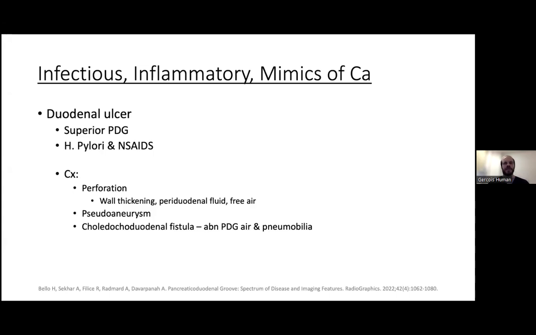In peptic ulcer disease, perforation is the most common cause of gas you will see in the pancreaticoduodenal groove. These duodenal ulcers can erode into the pancreaticoduodenal artery, causing a pseudoaneurysm. As mentioned here, they can also cause choledochoduodenal fistulas, and on imaging, over and above this, you will also see pneumobilia.